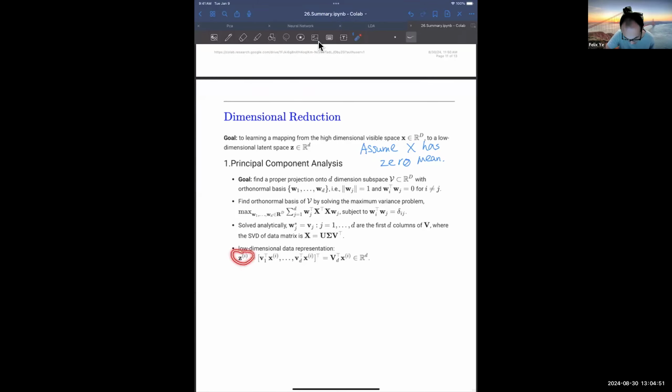This is represented by Zi, a lower dimensional representation of Xi. It is nothing but Vd transpose times Xi. So you get data that is intrinsically in R^d, small d. Then you can stack the collection of Zi together.